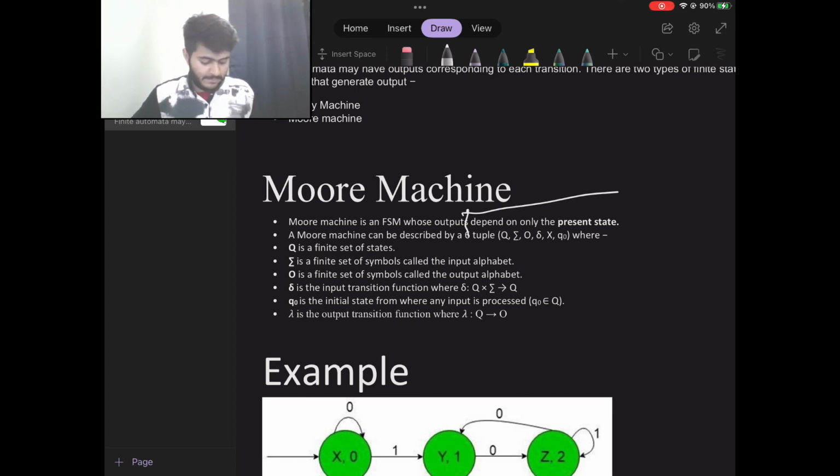So going on, initial state, we'll take 1 to 1, a similar DFA kind of thing. Here we put 0, here we put 1, and for 0 we'll make it like this. So that's the Moore machine, very simple.